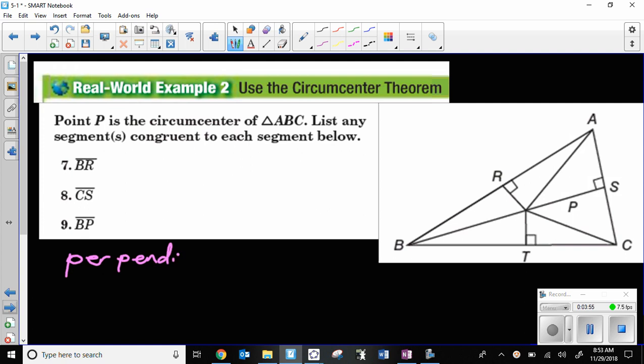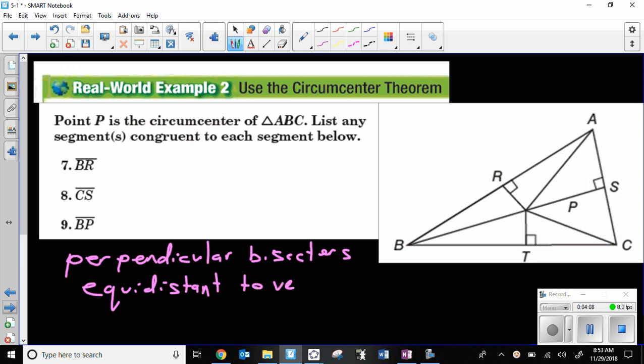I'll write that down. Perpendicular bisectors. And it is equidistant to the vertices. Those are two important things that we need to know as soon as we see the idea of a circumcenter.